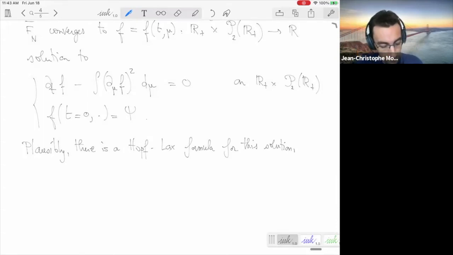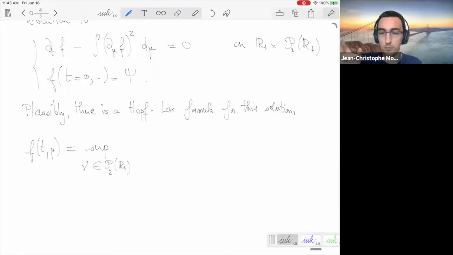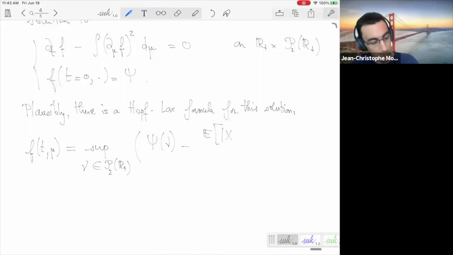And so what does it look like? It says that f of t, mu is the supremum over nu, again in P2, with a finite second moment, though not crucial, so let's not pay too much attention to this part, minus, and then I would have to justify it more carefully, but I claim that this is the right way to write the Hopf-Lax formula.